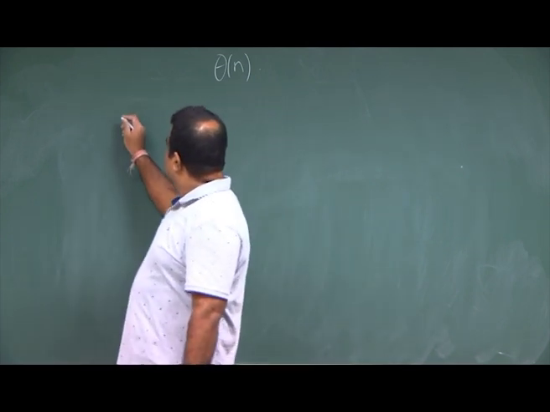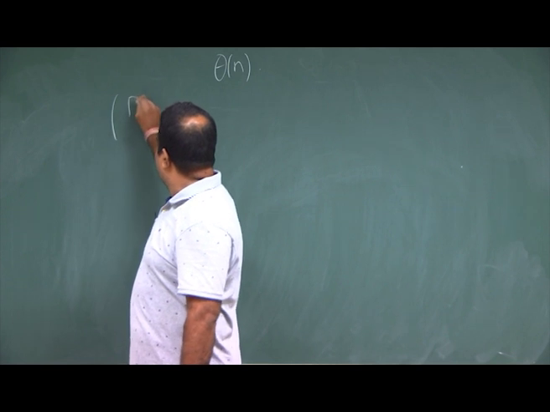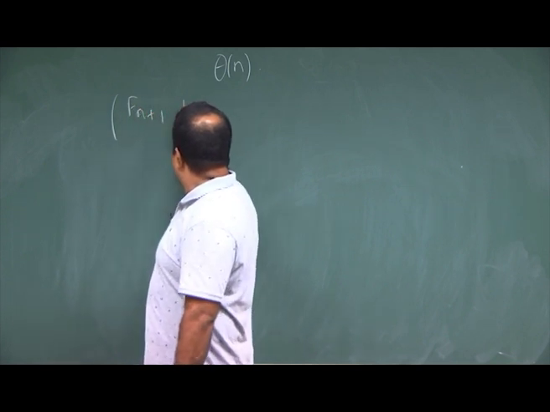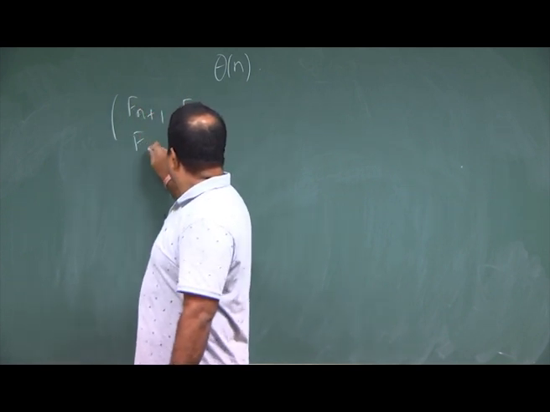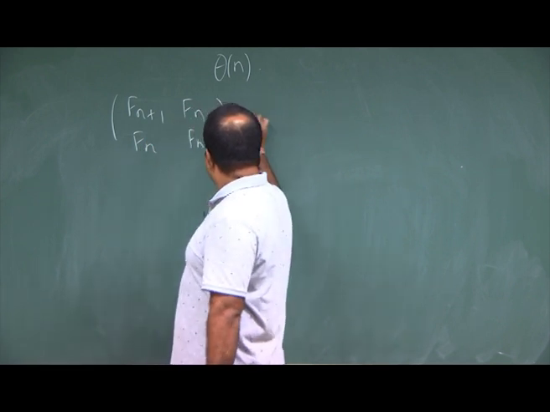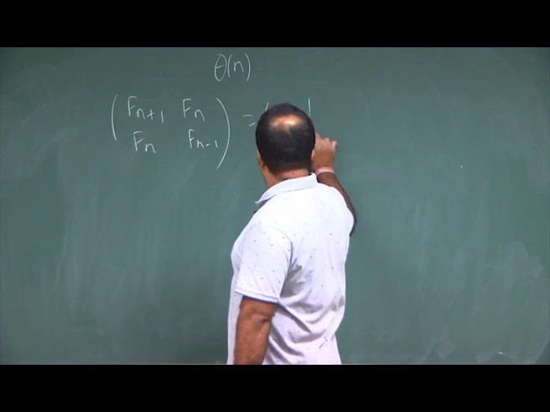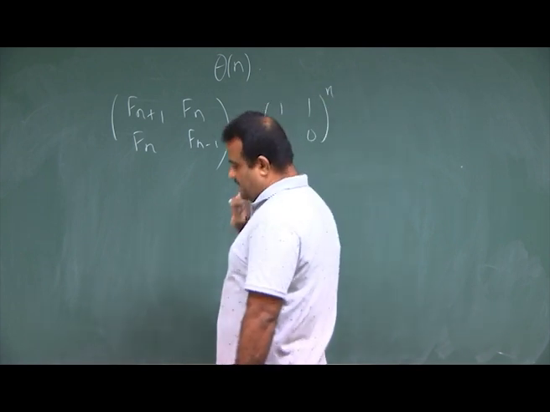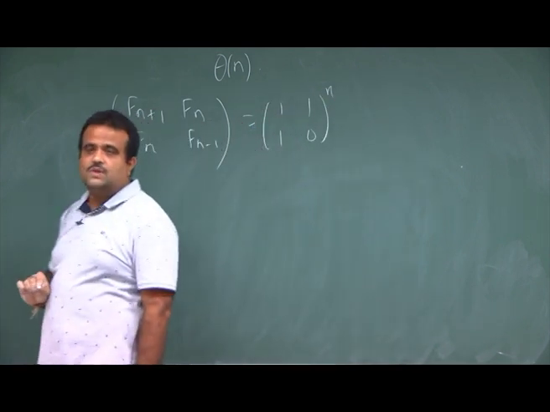We have seen f of n plus 1, f of n, f of n, f of n minus 1 is basically the matrix 1 1 1 0 to the power n. This kind of formula we have seen.